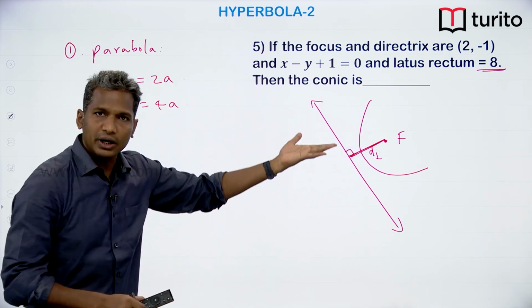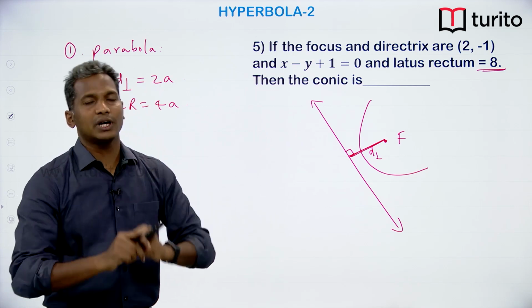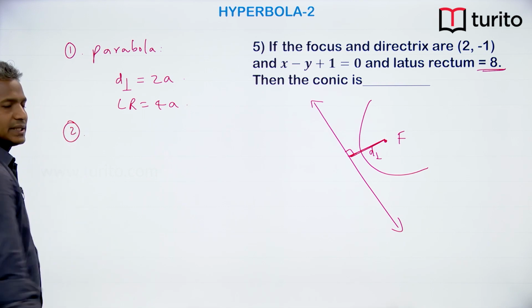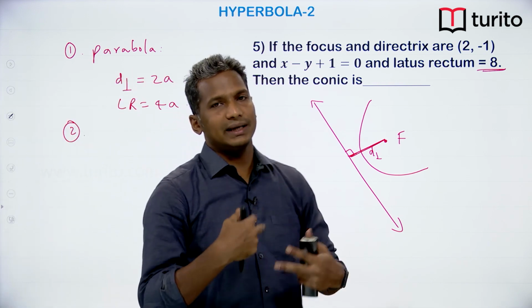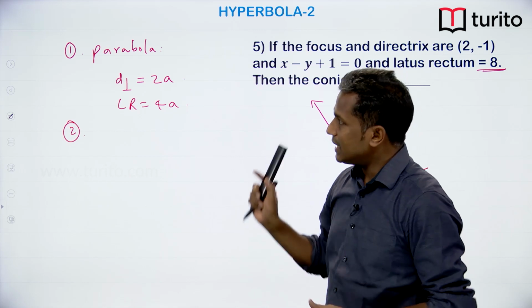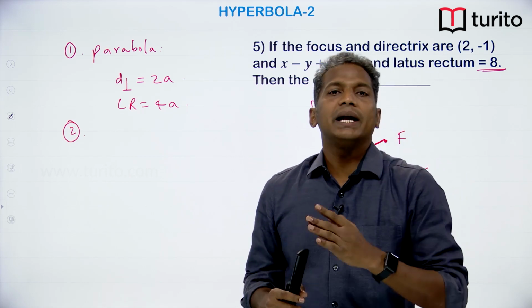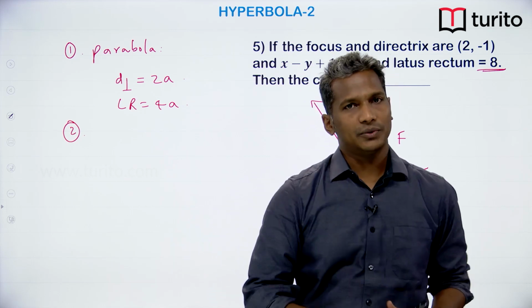Now, if it is not, then we will go for the ellipse or hyperbola. Okay. So, then we will go for the second case. This is like algorithmic thinking. It is easy to check for a parabola, so we first hit the parabola and then we will hit the ellipse or hyperbola.